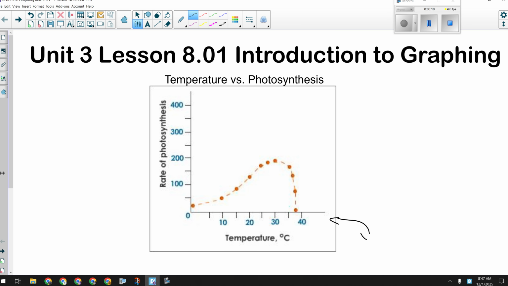This is our x-axis, which is where the manipulated variable goes. And then this is the y-axis. That's where the responding variable goes.